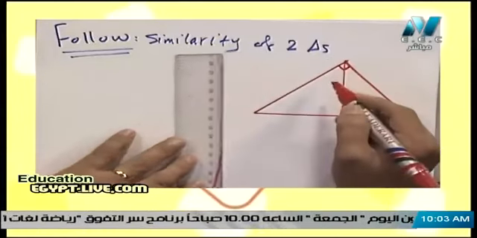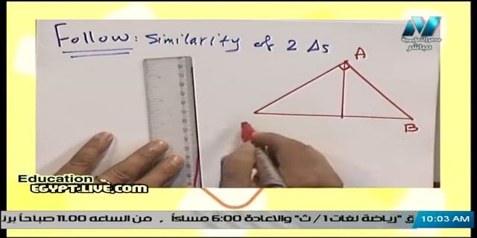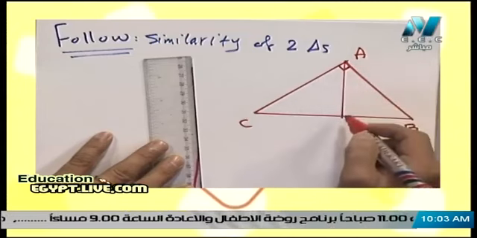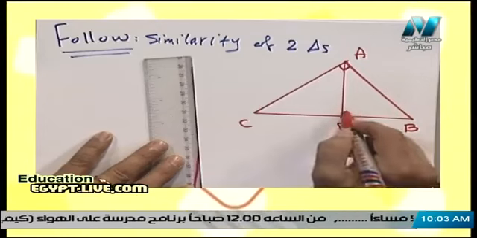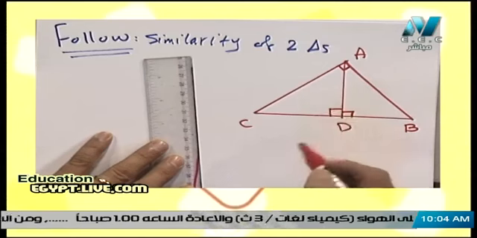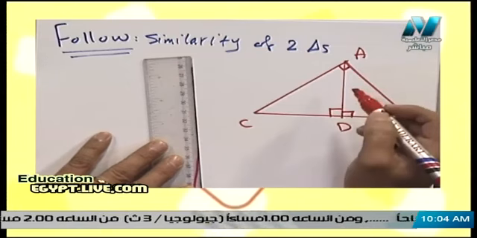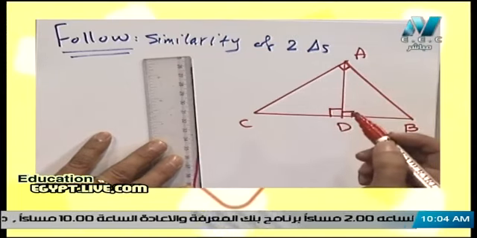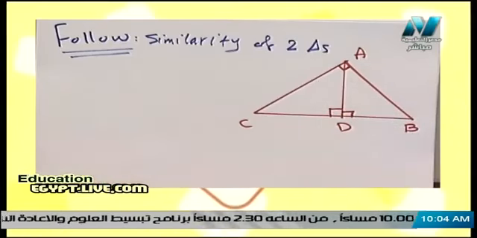We have here a right angle triangle ABC, and we draw a perpendicular from A to BC, which intersects CB at D, and we have here a right angle. Of course, we have here a right angle also. So from previous studying in second primary preparatory, we remember the Euclidean theorem.